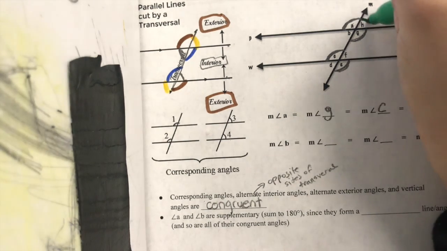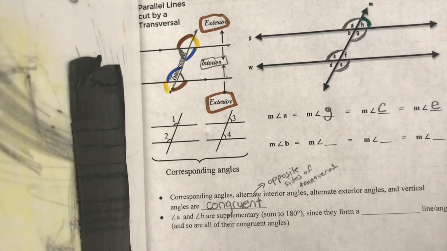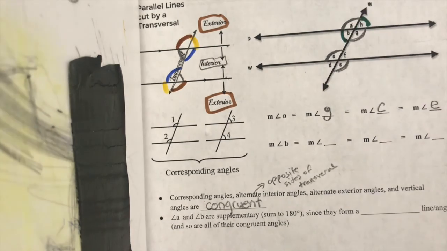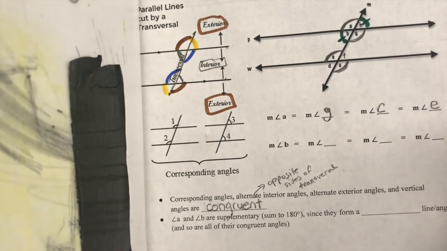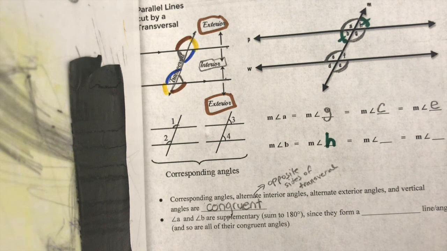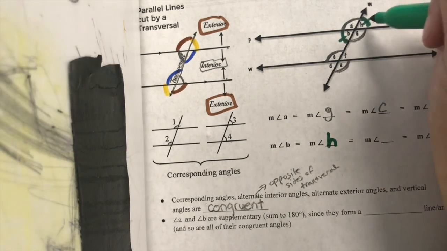So here I have H and B. H and B are vertical angles. So the measure of angle B is equal to the measure of angle H, because they're vertical. They're the same, they're congruent. What's a corresponding angle with H?